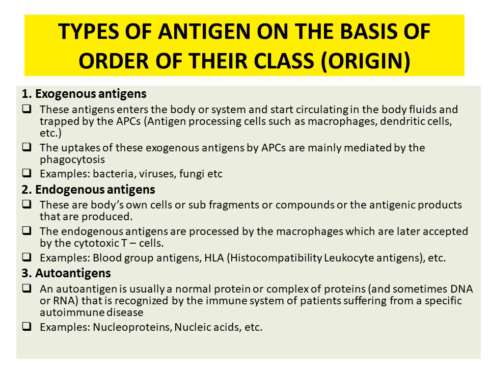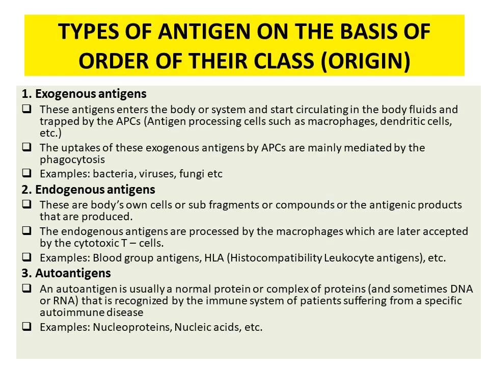Endogenous antigens are the body's own cells or subfragments or antigenic products that are produced inside the cell. They are processed and their peptides come out on the surface of the cell as MHC component. Examples are blood group antigens, HLA, etc.